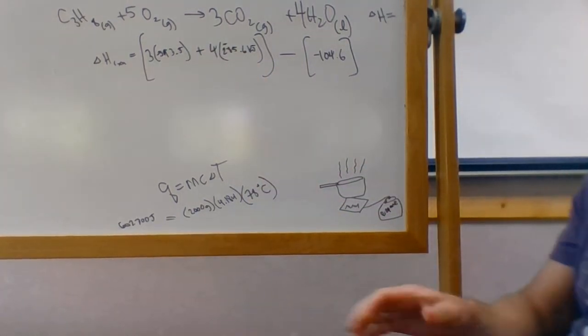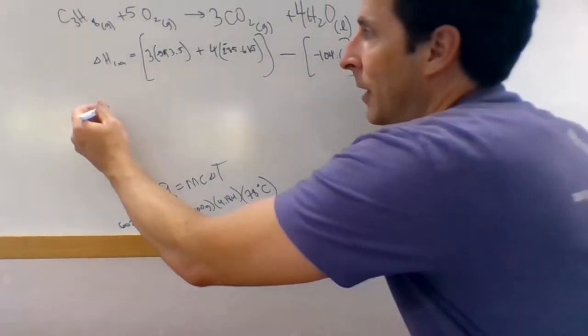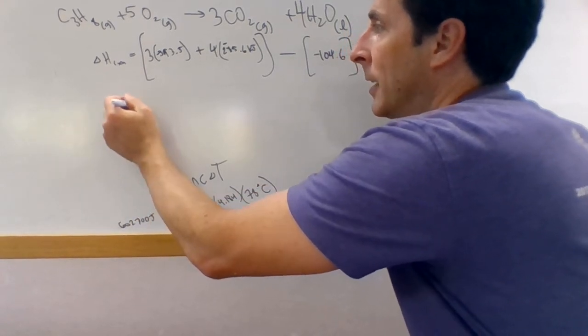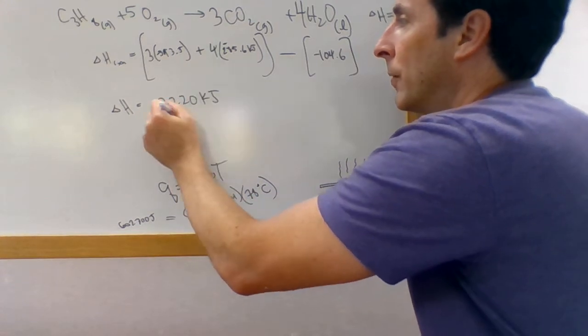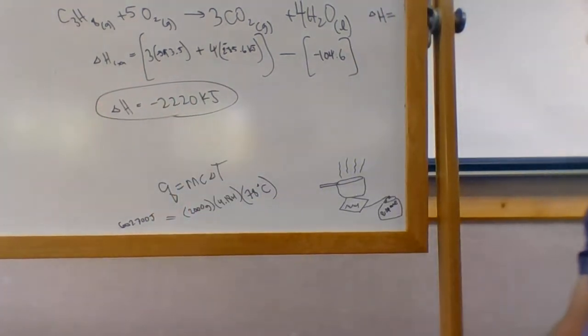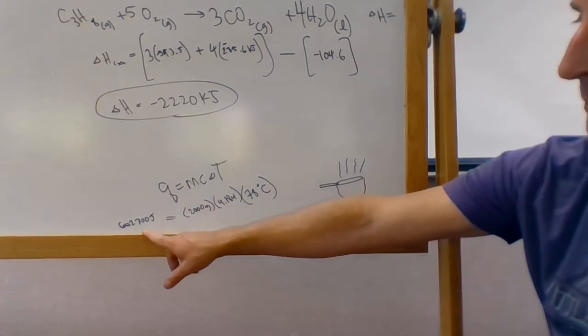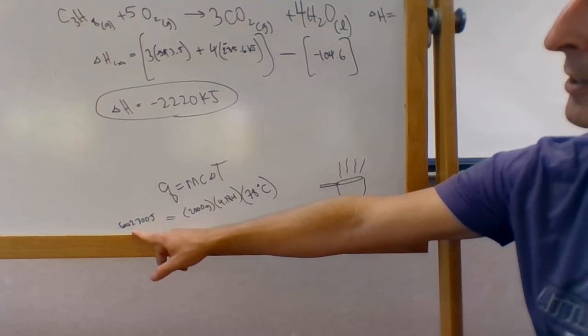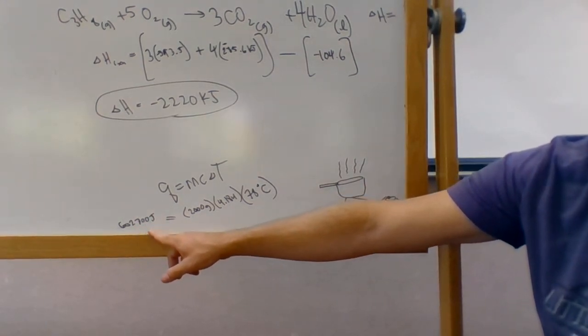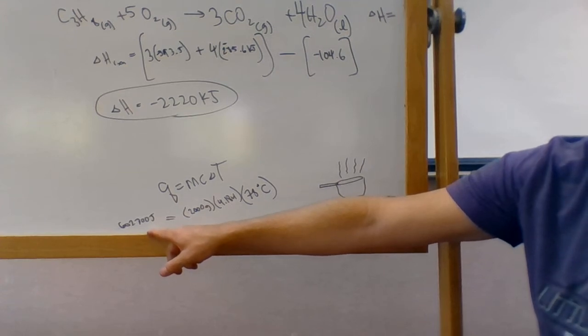Okay? So if we do all that, I believe the delta H that we should get is around negative 2220 kilojoules. Okay? Now, what can I do with that? Well, I know how much heat I need to make, 602,700 joules, which is 602.7 kilojoules.